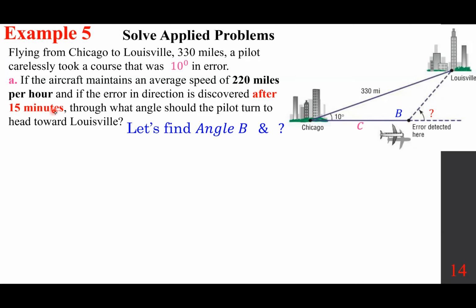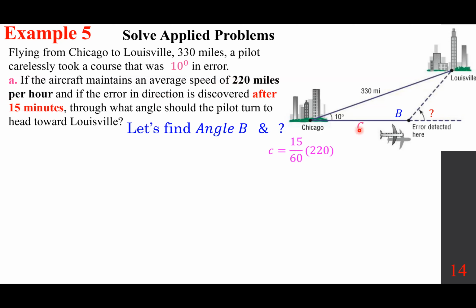That means 1/4 of an hour, or you can say 15 over 60 times the speed. D equals RT. So the distance here is the speed multiplied by time. The time is 15 minutes or 15 over 60.